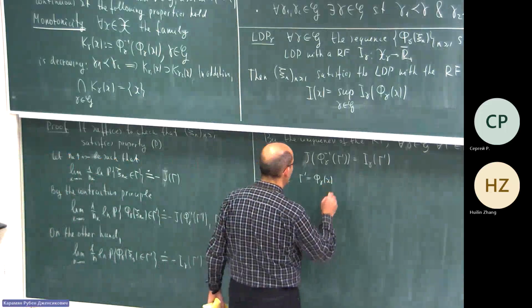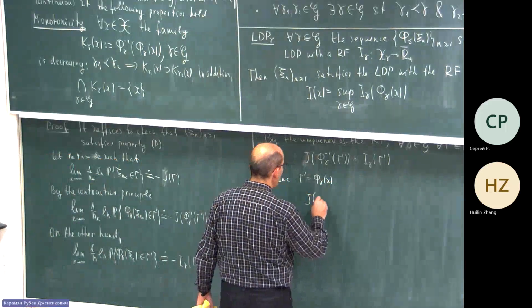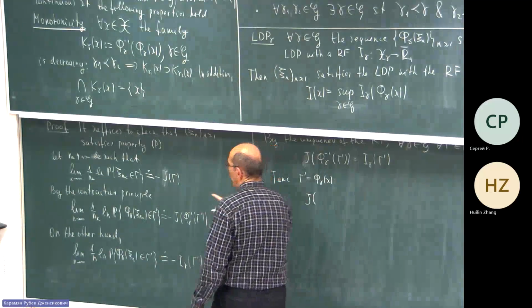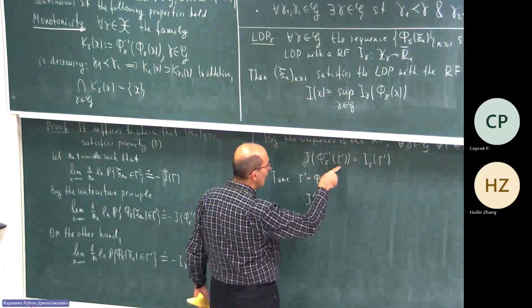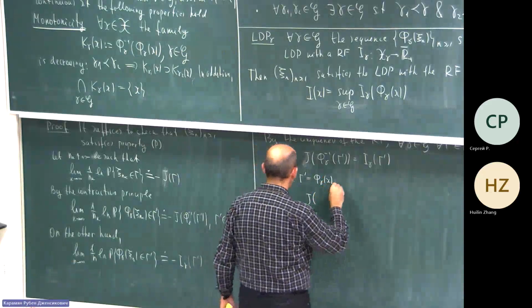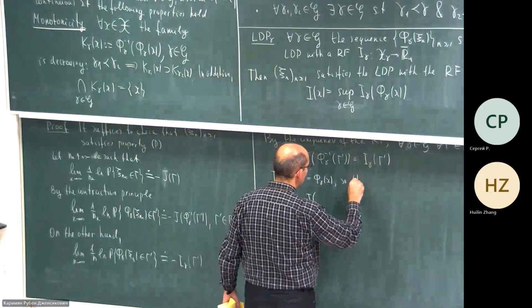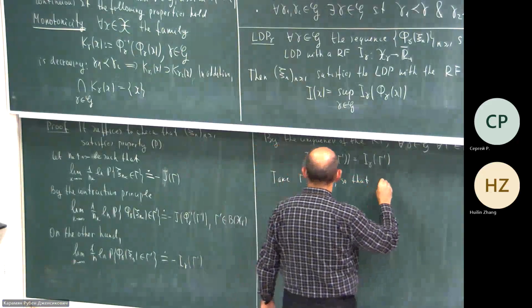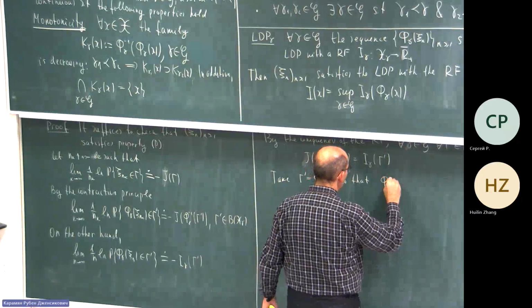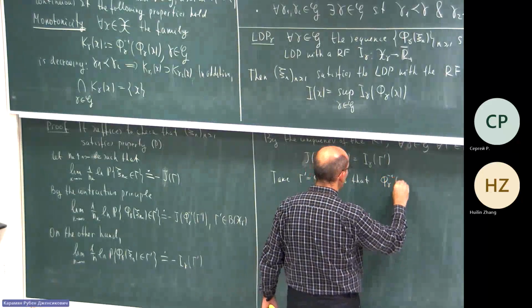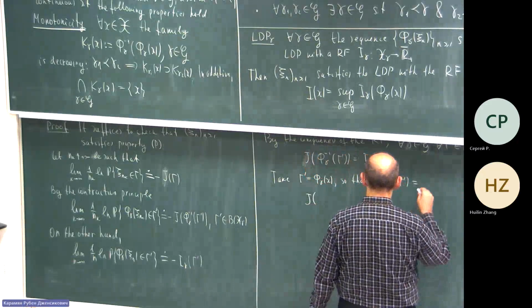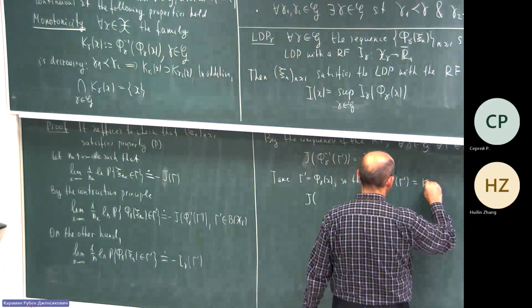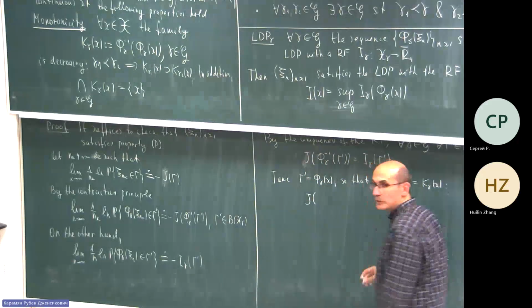Then what I get is the following: J of what I denoted by K_gamma x. So if I replace gamma prime, phi_gamma^{-1} of gamma prime is equal to K_gamma of x.